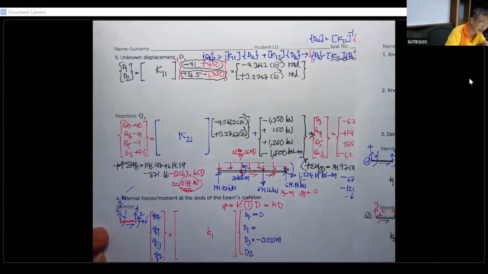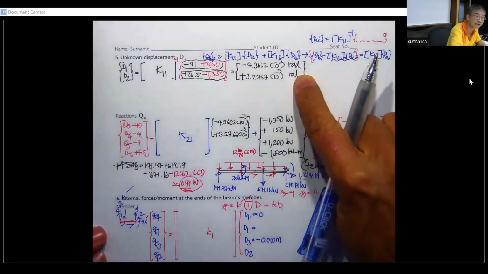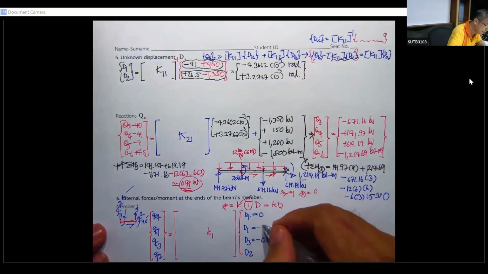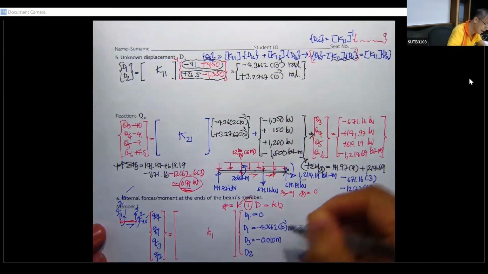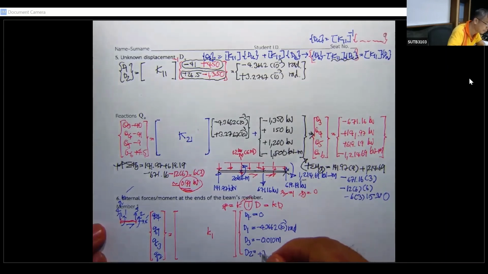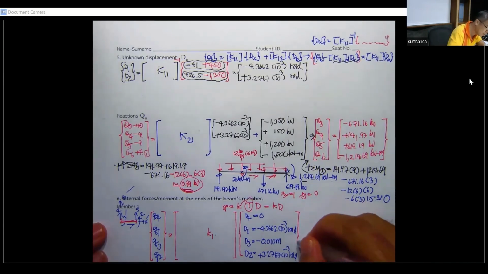D1, take what we had previously from our calculation on top, minus 4.3662 times 10 to the minus 3 radian, and D2 is positive 3.2767 times 10 to the minus 3 radian. Just put them all together in the calculator.